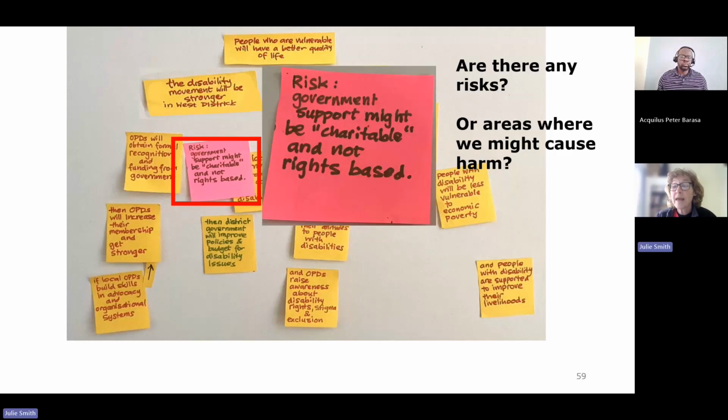So we need to make sure that the advocacy that the OPD and the project team are doing, those conversations that they're having with government, are messaging some of CBM's thinking about things like preconditions to inclusion, that people need accessible services, and that the government as duty bearers have obligations to take action. So we need to think, as we do our advocacy, there's a risk that the government might just respond with handouts, but they have to take a rights-based approach. So that's important to think about.